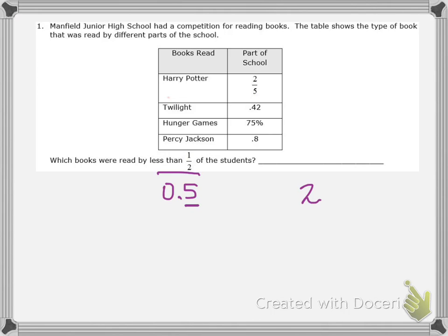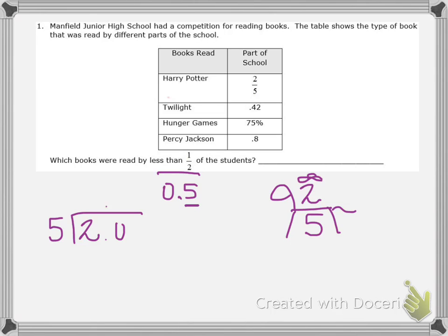Remember, when we go from a fraction to a decimal, we need to divide. So when we use our horse and rider method, that helps us set up our division problem. So we know that the rider goes inside the house, the horse goes outside, and then we just set up the rest of our problem and we divide like normal. 5 does not go into 2. 5 goes into 20 4 times. 5 times 4 is 20.